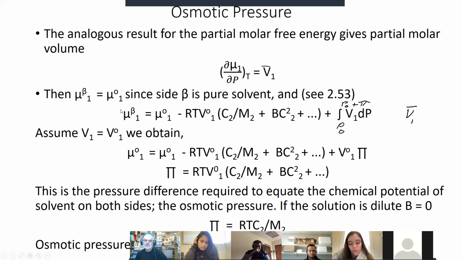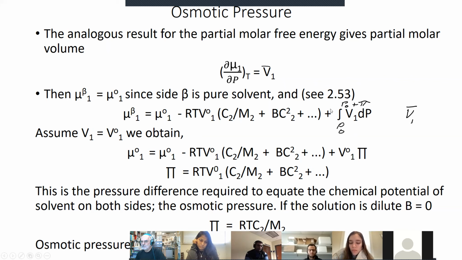So the chemical potential of the solvent is equal to its standard state plus this parameter that we evolved involving the first and second virial coefficient, plus a pressure difference. And the pressure difference is the integral of V1 dP from P0 to P0 plus pi, the osmotic pressure.